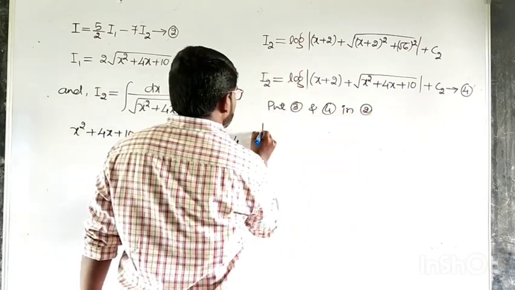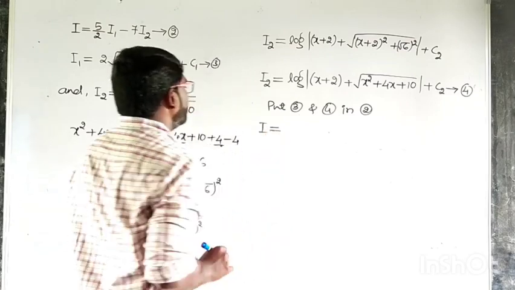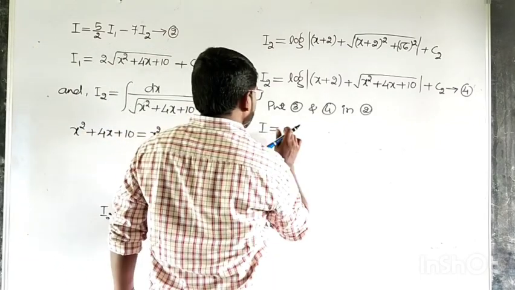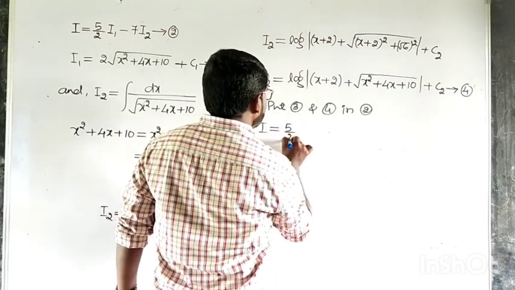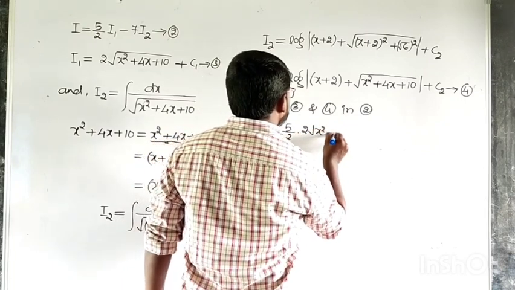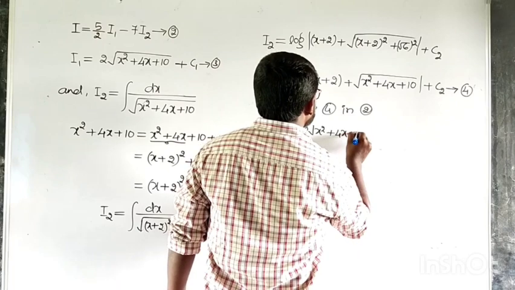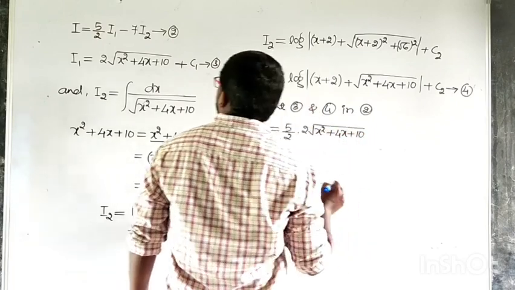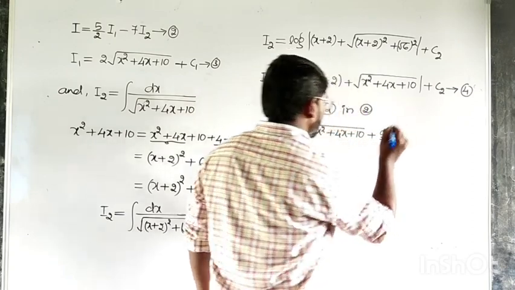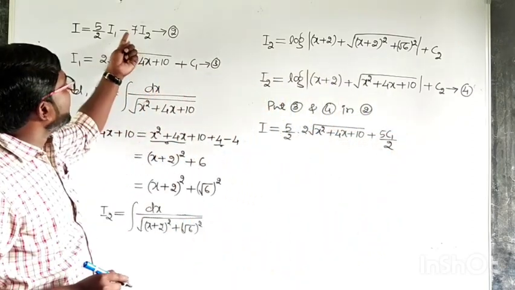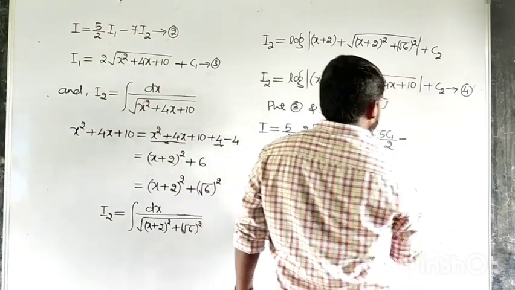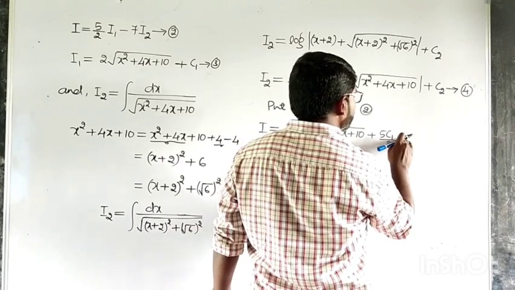So I is equal to, now 5 by 2 will be related to I1. So 5 by 2 into I1, it is 2 times root x square plus 4x plus 10 plus 5c1 divided by 2. And then we will have to write minus 7 times I2. I'll write it here, we don't have much space there.